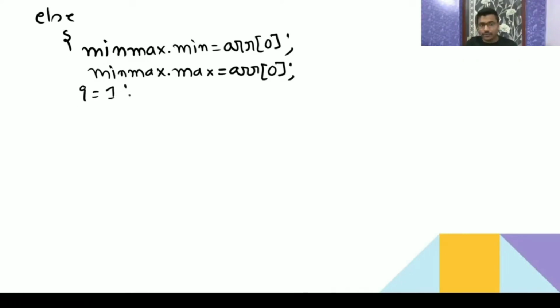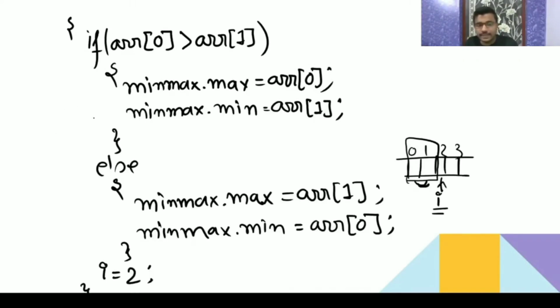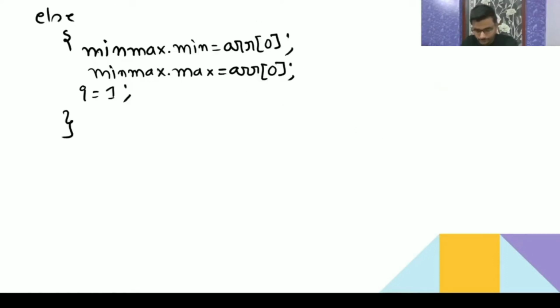Previously, since it was even, I compared two elements and started from index 2. Now when it is odd, I have assumed the first element as both maximum and minimum, so I start the iteration from the next element.